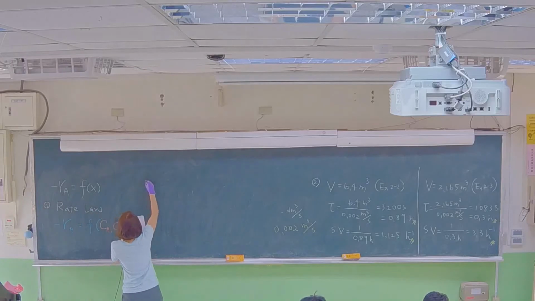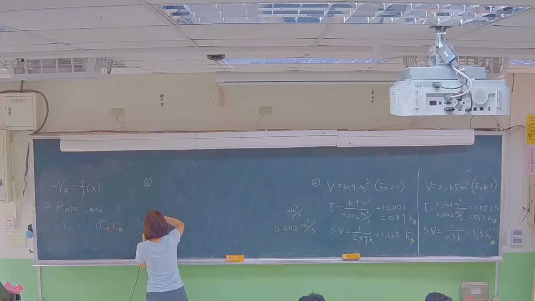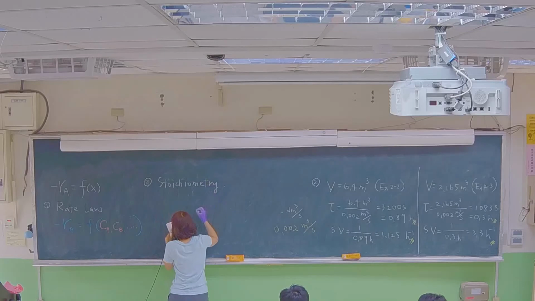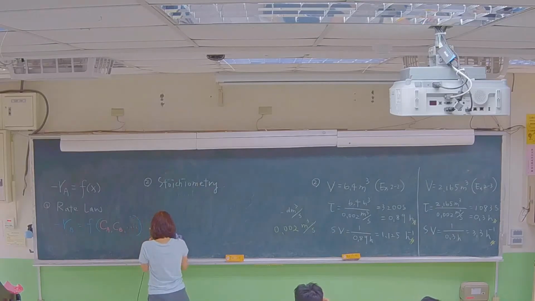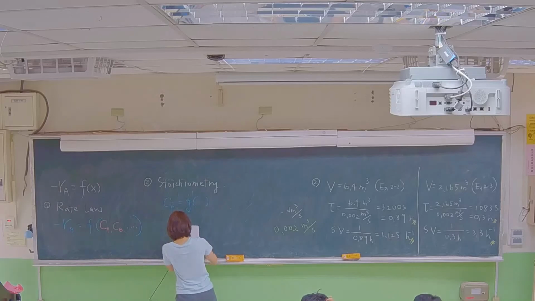So at the second part, we use stoichiometry. So what is stoichiometry? Stoichiometry is to find the concentration as a function of conversion. So maybe CA, a certain concentration, as a function of conversion.